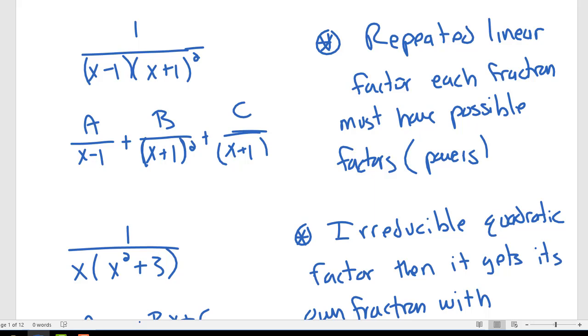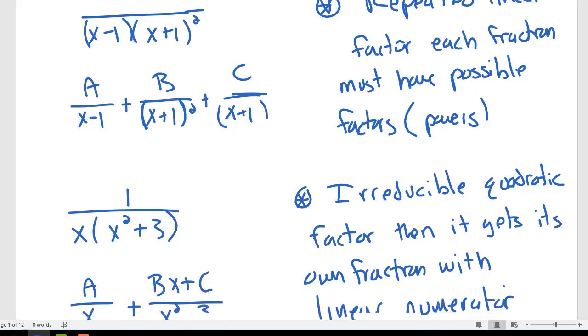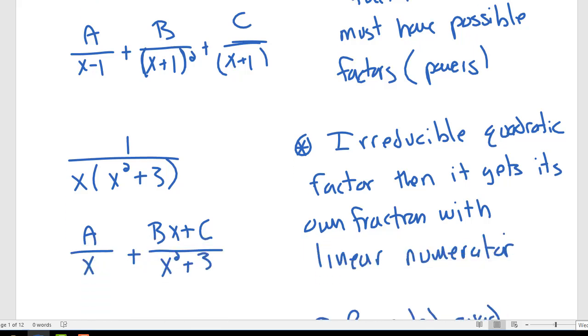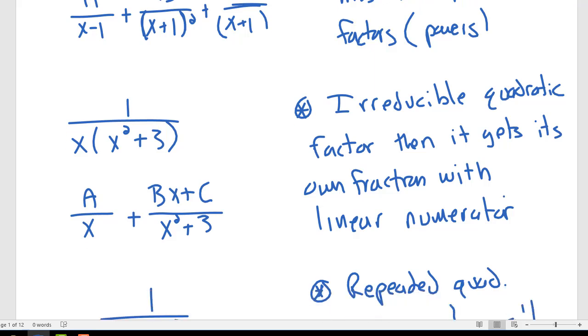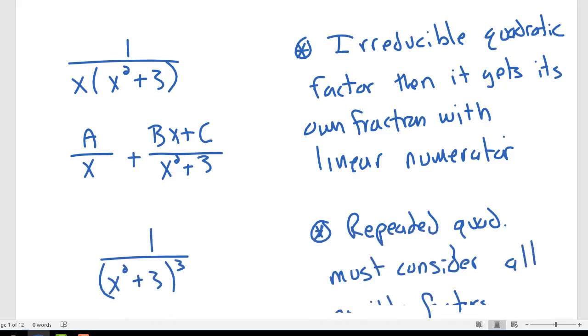This can get a little hairy, a little lengthy. If you look at this example here, the one that I gave you, same type of idea. I'm going to have A, B, and C as my unknowns, so I have three unknown constants, and I'm going to have three equations to solve that system.